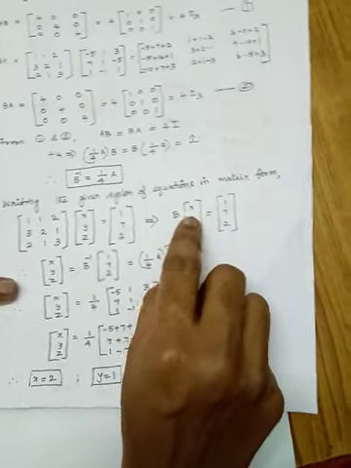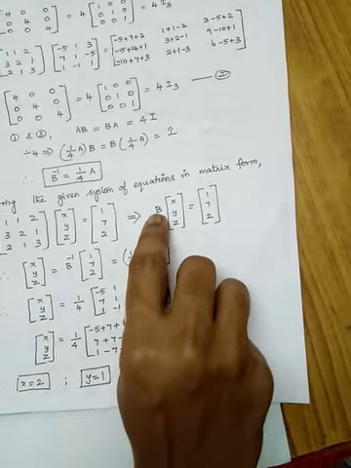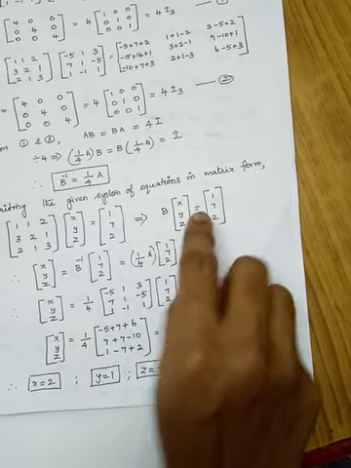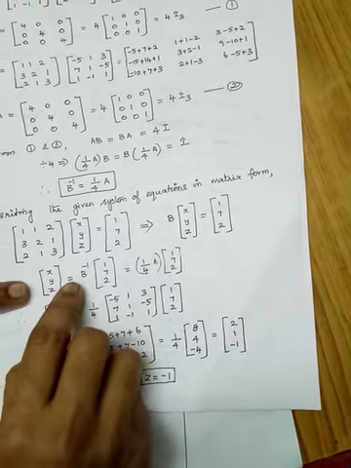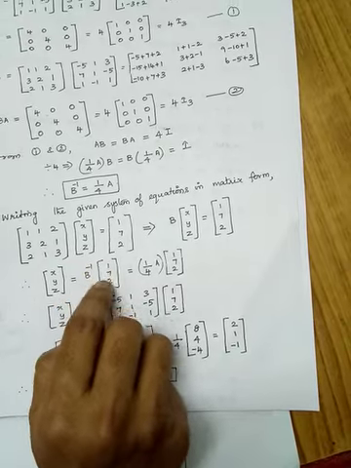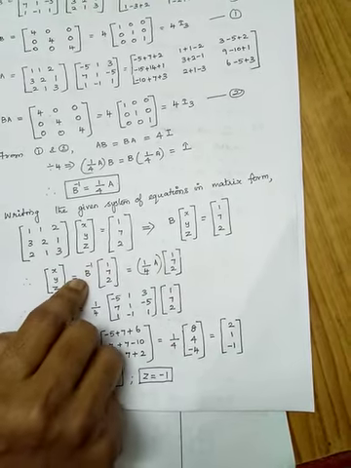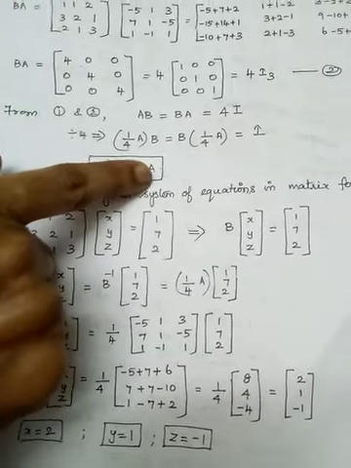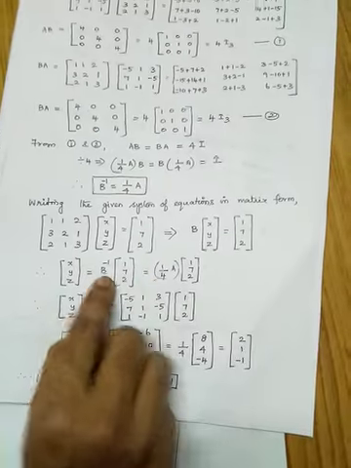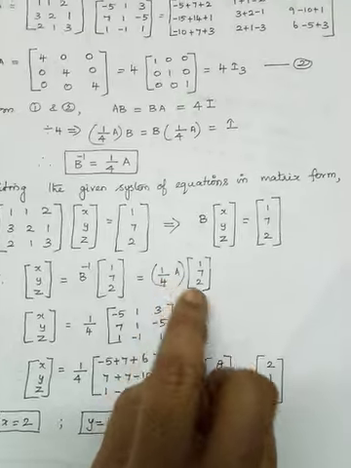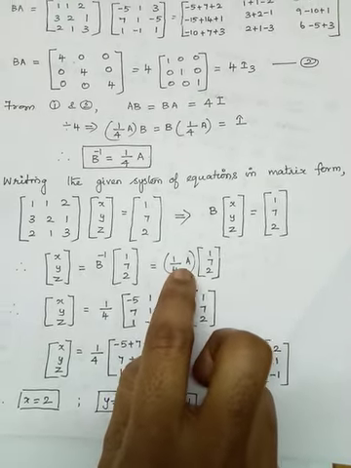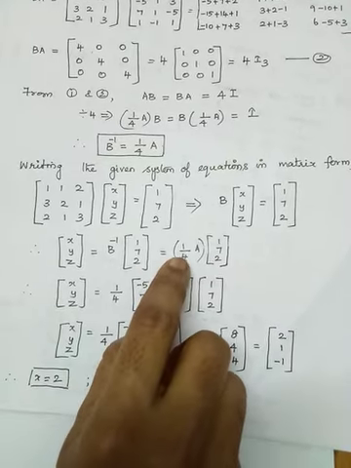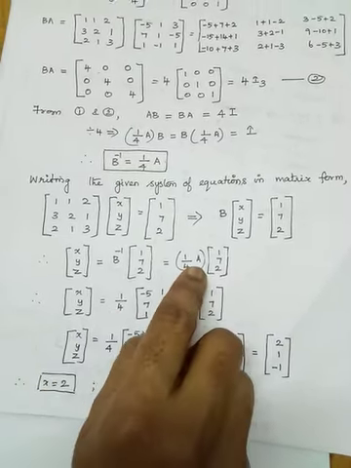So what is XYZ? When you pre-multiply B inverse, you will get the XYZ matrix is equal to B inverse into 1, 7, 2. What is B inverse? We have found B inverse as 1 by 4 into A. So in the place of B inverse, I have written 1 by 4 into A into this matrix. What is the A matrix?